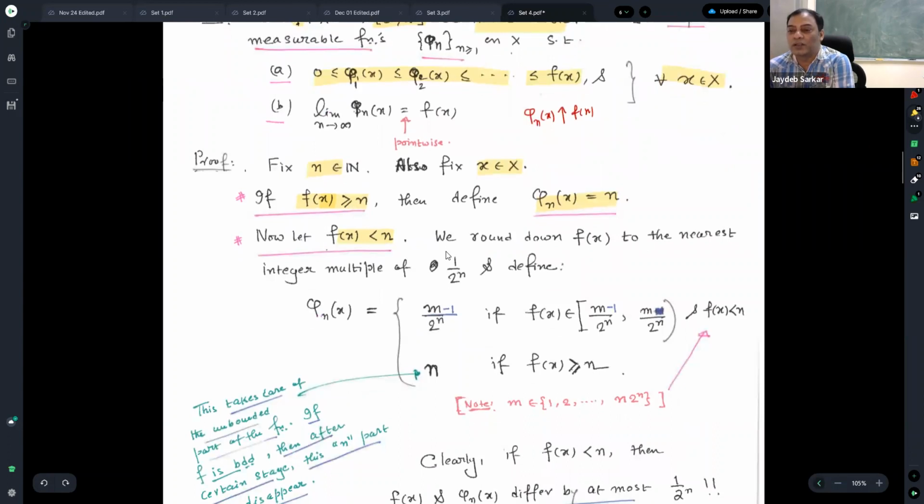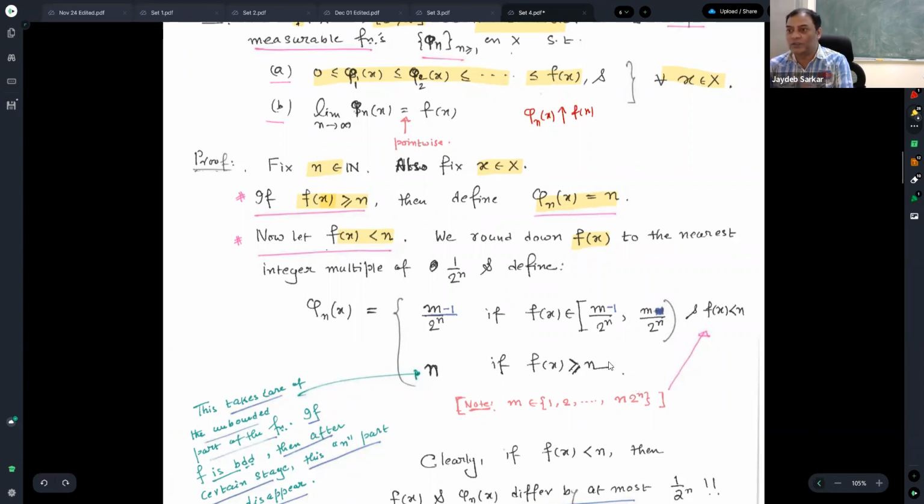If f(x) is smaller than n, here is the trick. You look at the value of f(x), and you round it down to the nearest integer multiple of 1 over 2^n. In other words, you look at the interval 0 to n, because after n, your phi_n is defined as n.